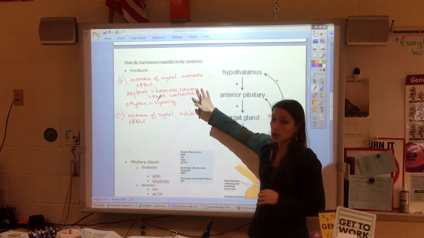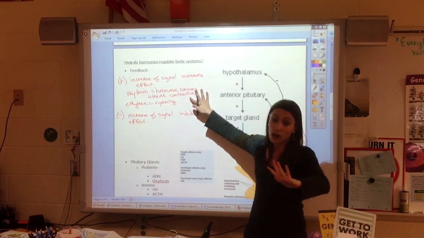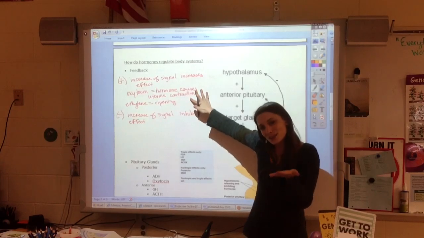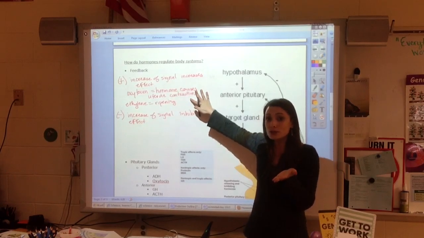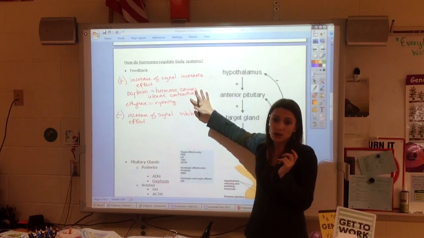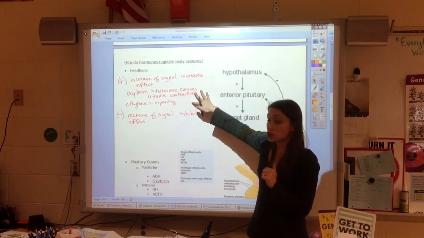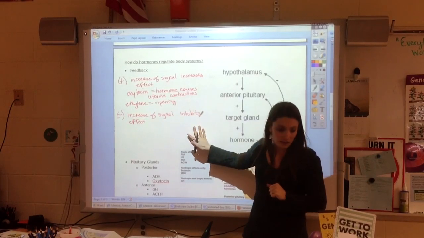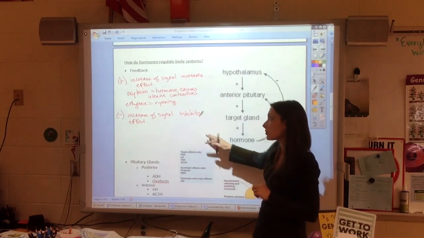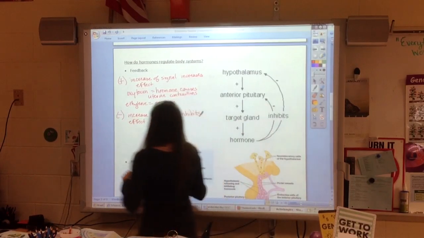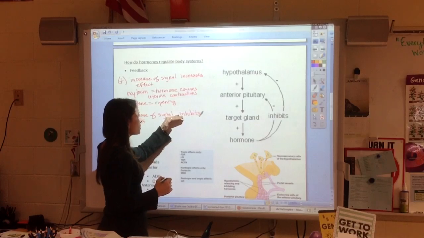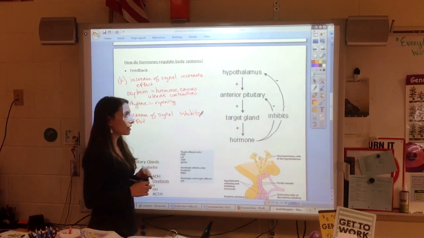So really, if you think about positive feedback, it's probably normally off and then gets turned on, similar to our promoters and our operons in gene regulation. In negative feedback, we're actually going to normally be turned on, and I'm going to increase a signal to inhibit that effect.